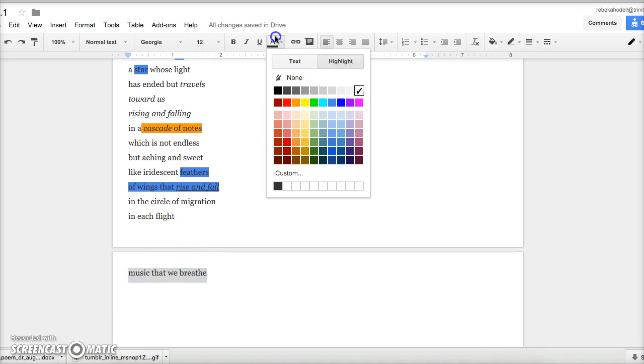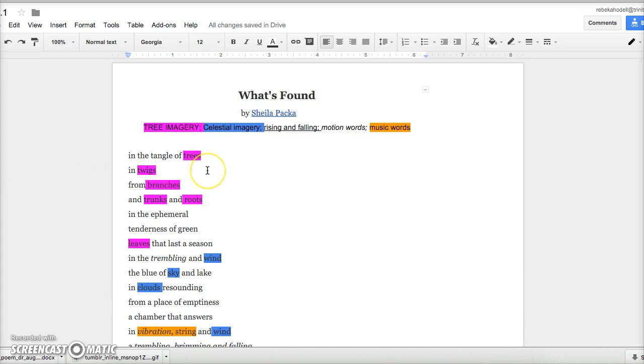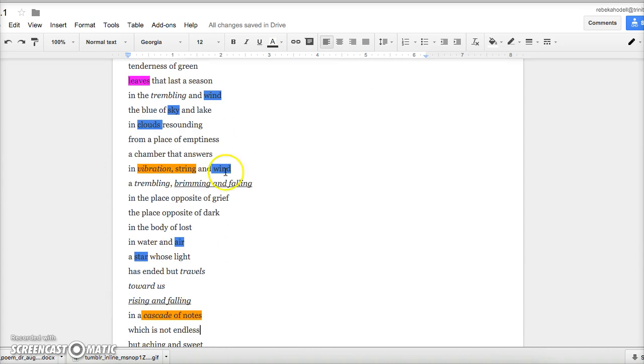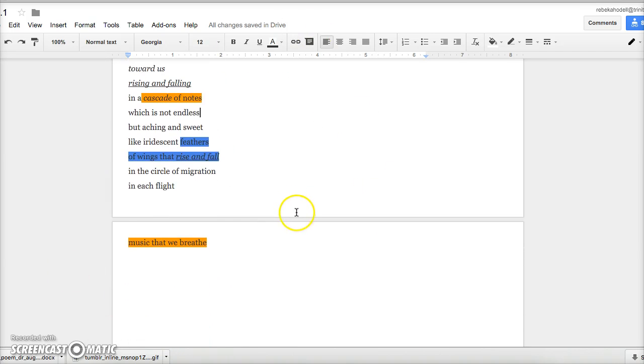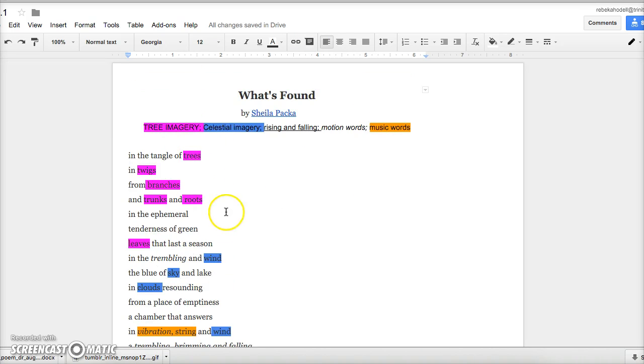Now look, a little bit of a pattern is starting to emerge here. We have all of this tree stuff, like the earth up top, and then it moves into the air and music. So they are kind of showing a pattern. I also could look at sounds like tangle of trees and twigs from branches and trunks, right?